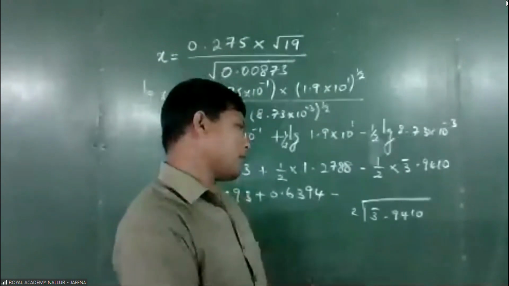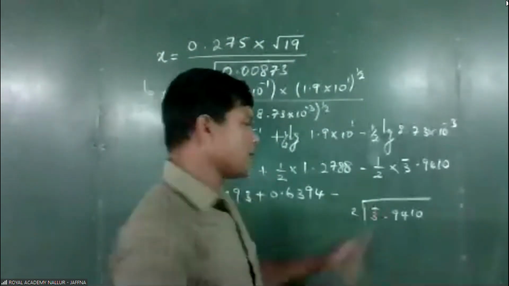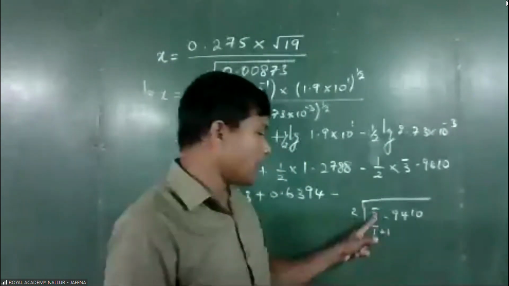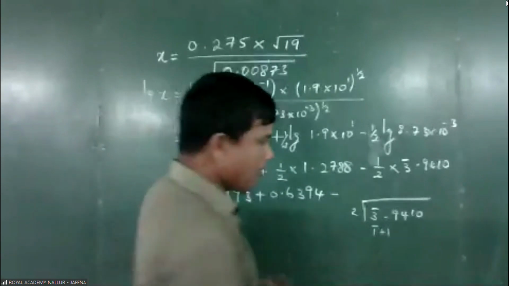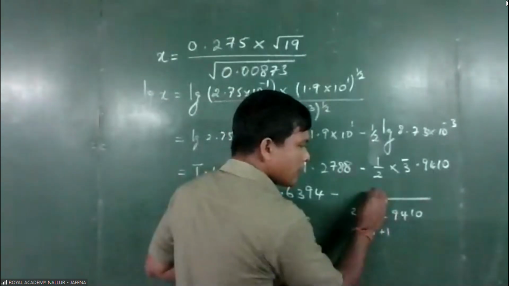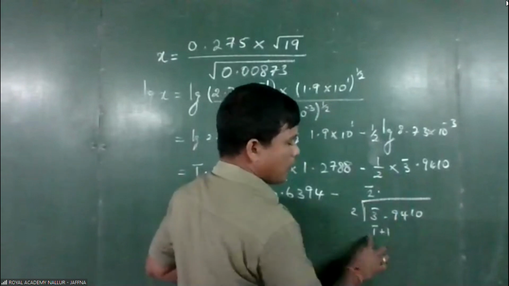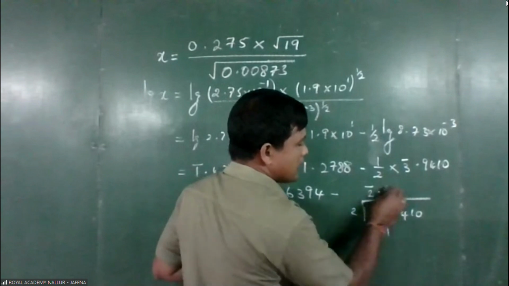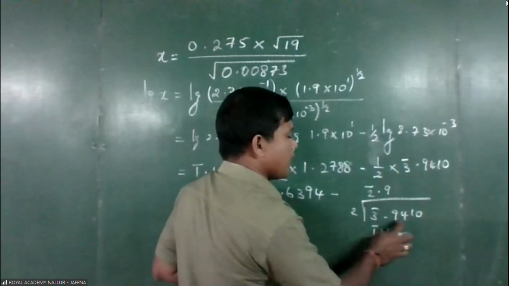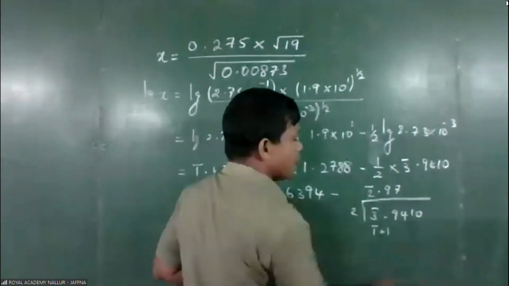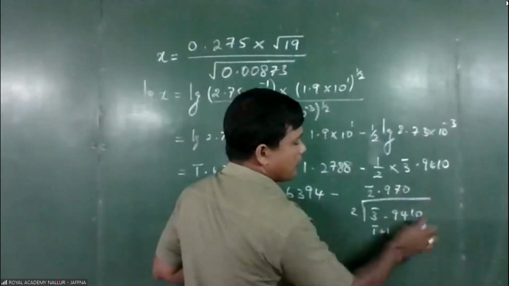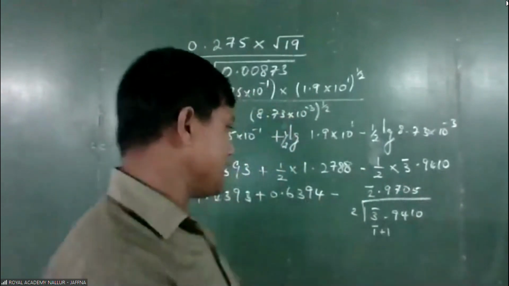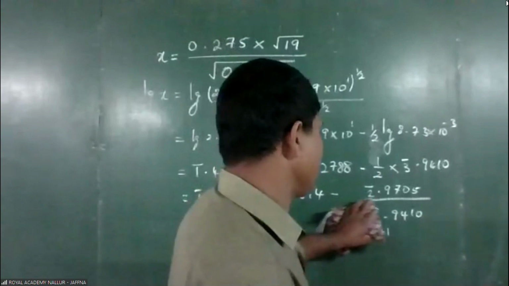Therefore, we have to make it a multiple of 2. Therefore, you can give bar 1 to this and take plus 1 from that. Then bar 3, bar 1 becomes bar 4. Out of bar 4, 2 is bar 2 times. This is over. Then by taking this one, this becomes 19. Out of 19, 2 is 9 times. 18, 1 remaining. 14, then 7. No remainder. Out of 1, it is 0. But out of 10, 5. So this answer, bar 2.9705 when you divide it.